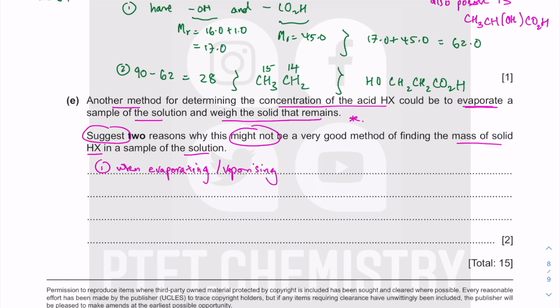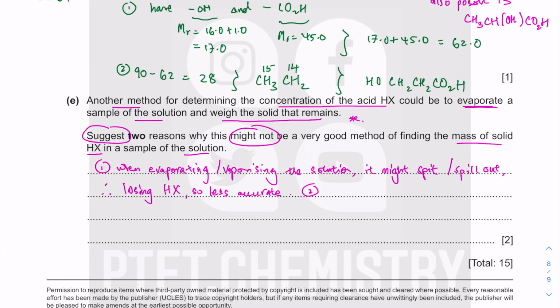When vaporizing the solution, it might spit. It might spit, you know, like when something is boiling, it can spit out, right? Or spill out, therefore losing HX, so less accurate. So that could be one of the reasons. When you lose your materials, then the mass that you measure won't be accurate.